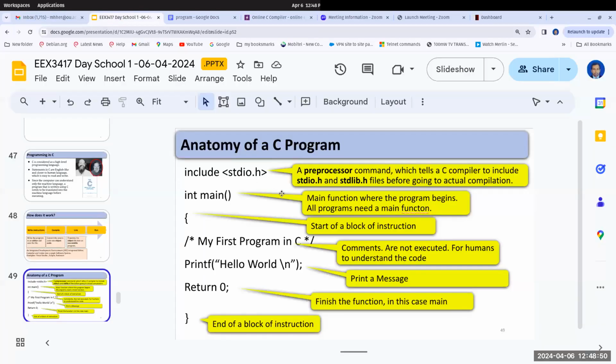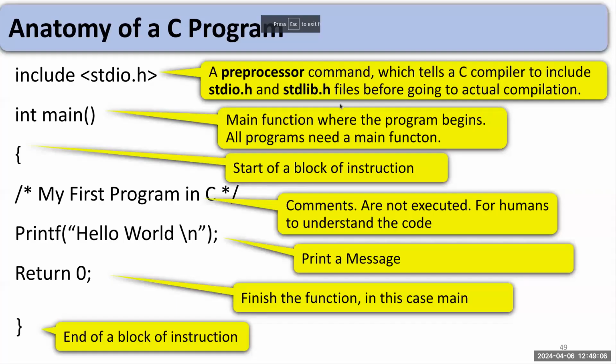Now here, stdlib is also another header file, and a main function. This is called the main function. This is the opening bracket, the start of a block of instructions.